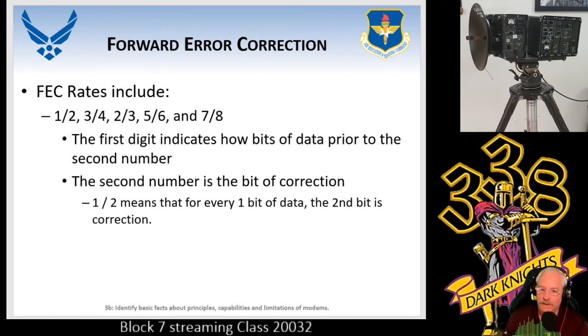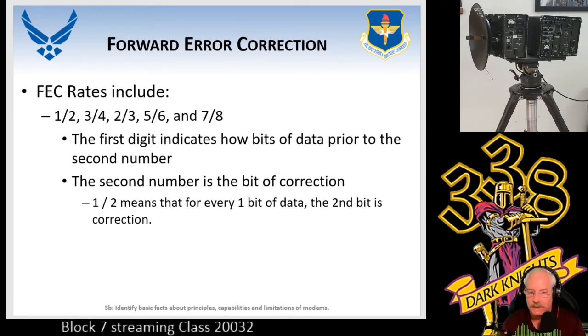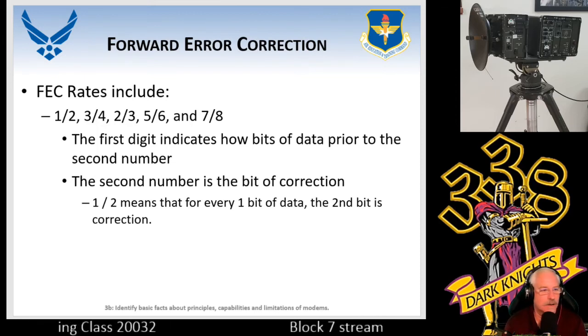What does it mean? Well, I'm going to send this data from one computer to the distant end. The last thing I want to do is keep resending everything because it gets to be old and just downright frustrating at times. So the idea here is I'm going to start sending correction bits to the distant end.